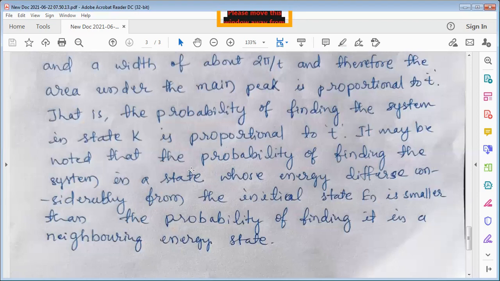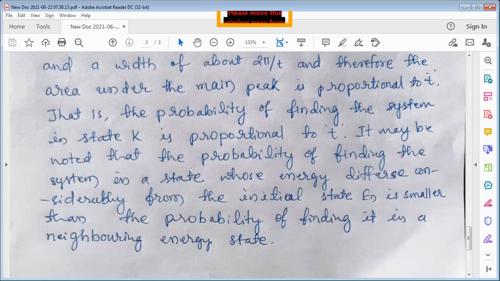As I told in the beginning, when you study the perturbation, we assume that this perturbation term H' is very much less than H_0, the time independent term.